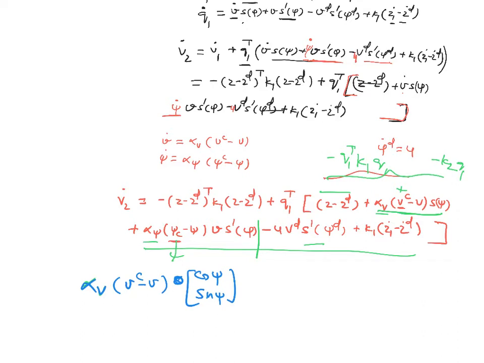And the next term is this, which is plus alpha psi into psi commanded minus psi. Did I leave anything? No. So V can come outside, so V into minus sin psi, cos psi, right?